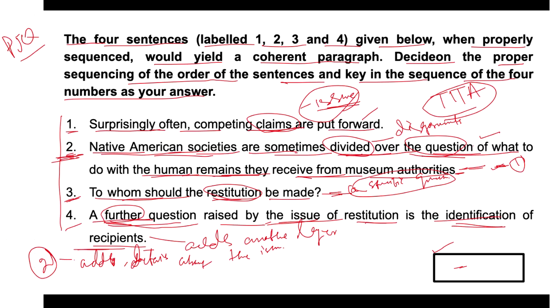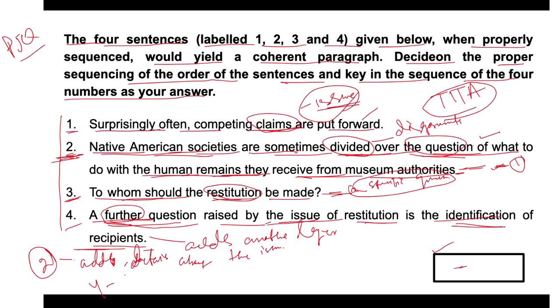So in that case we can point out 4 would be the next which is connected to the sequence, isn't it? So in that case, sentence 2 introduces the issue, sentence 4 adds detail about the question of identifying recipients, right? Now, if I look into the next one, sentence 3, to whom should the restitution be made?